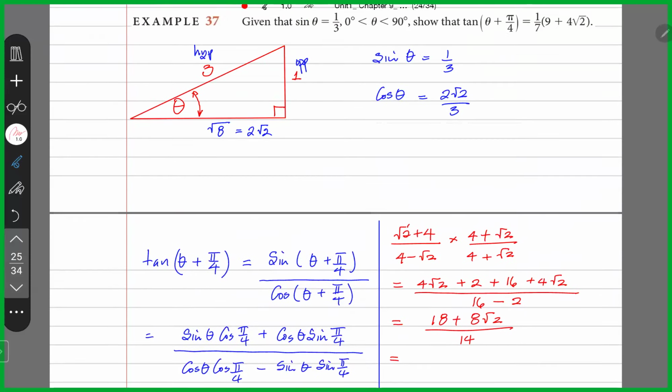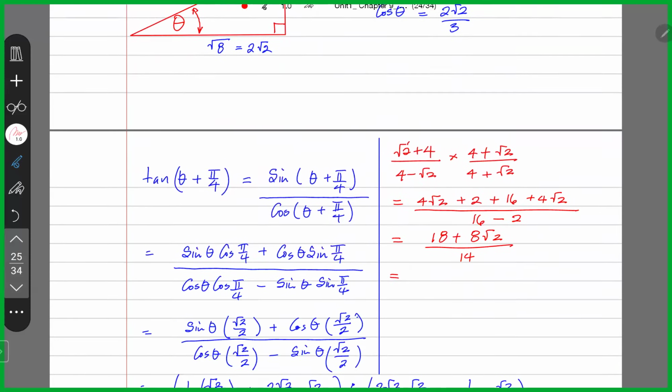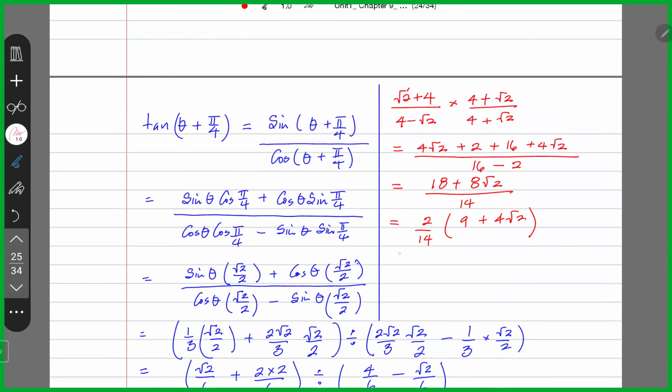All right, up top, let's factor out 2. So that's 2 over 14, then 9 plus 4 root 2. And so this works out to be 1 over 7 into 9 plus 4 root 2.